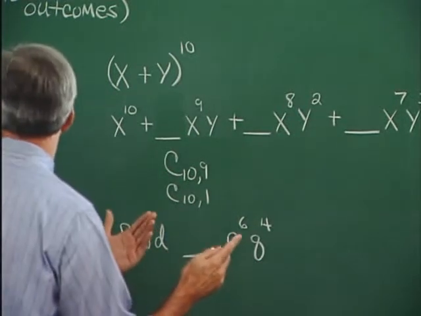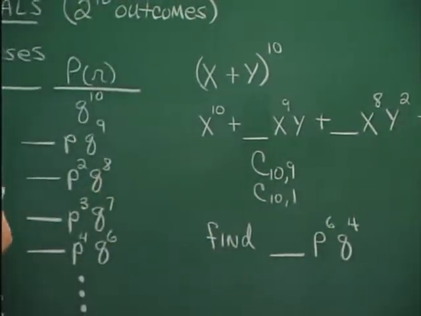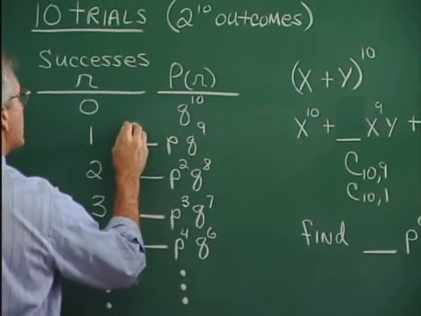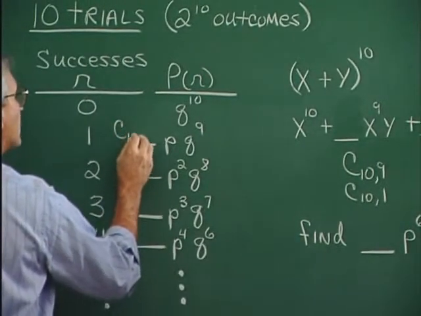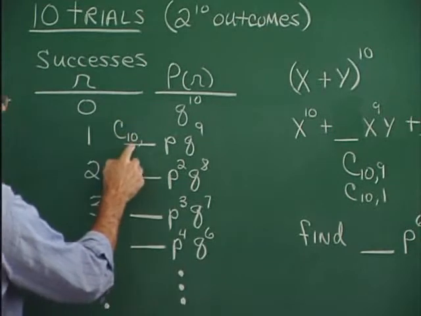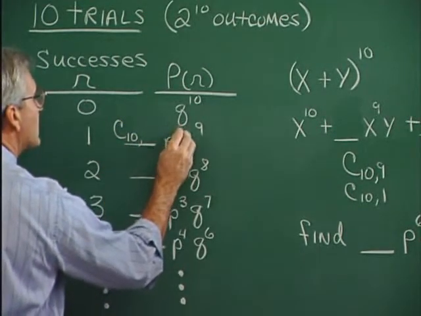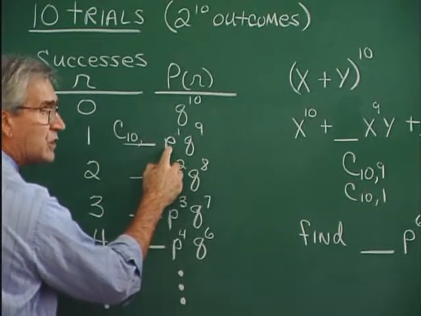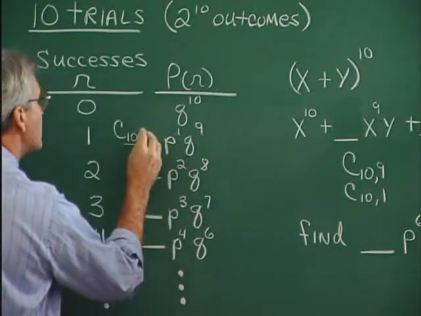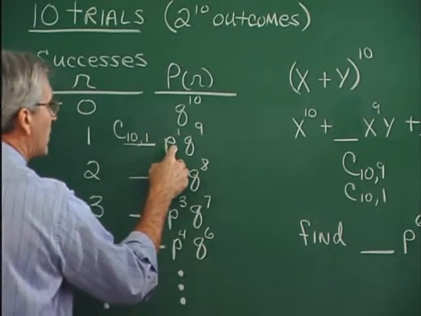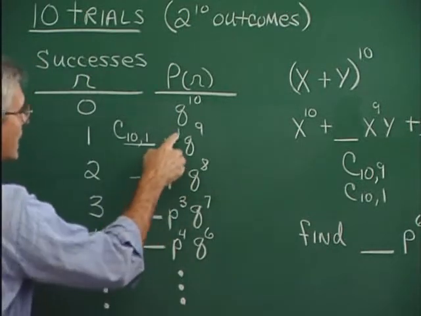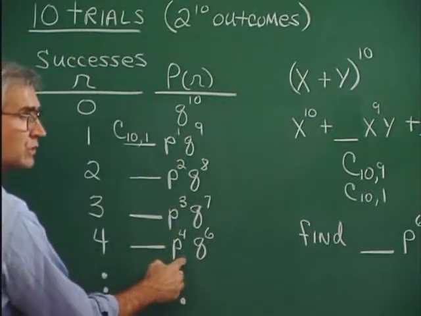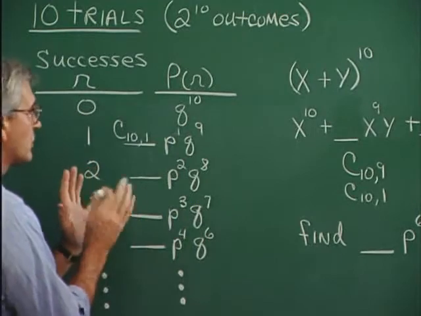Come back over here just for a second. The easy way to remember it is the combination of 10 things taken one at a time, because we're targeting the exponent on the p. It's the first one that occurs, and they go consecutively larger as we go down. So it's just easier to do it that way.